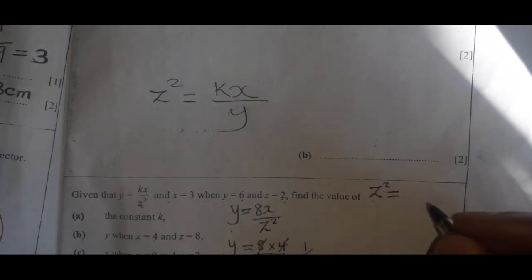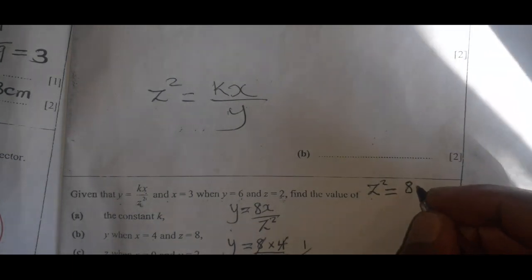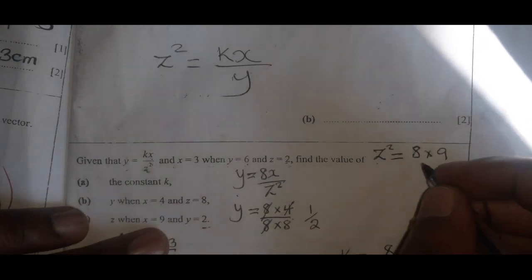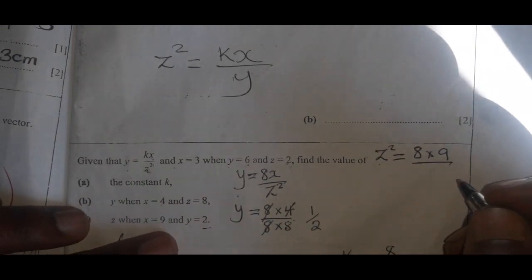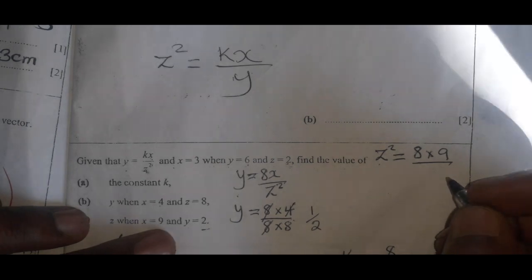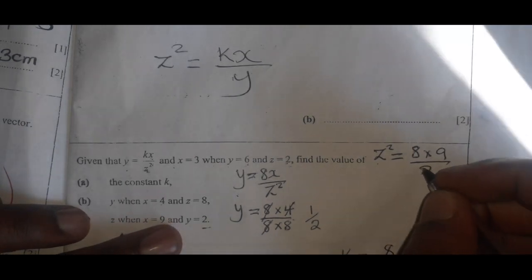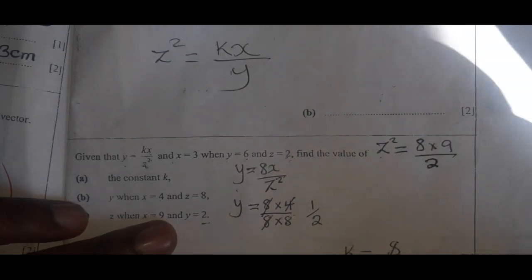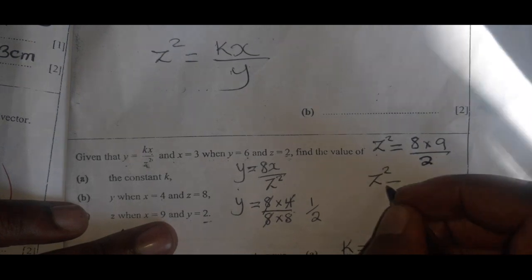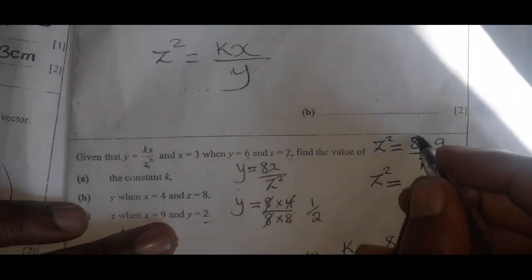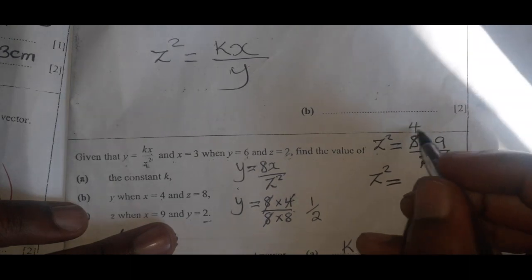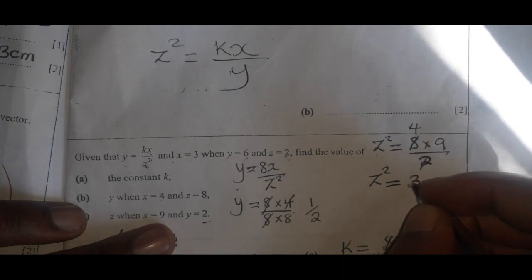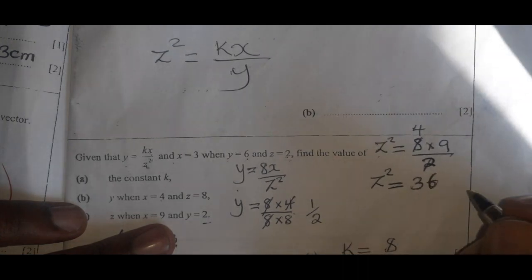So z squared is equal to, what is our k? 8 multiplied by, what is the value of x that we have been given? 9 over y. What is the value of y? It's 2, isn't it? So now z squared is equal to, you divide 2 here, it will be 4. 4 multiplied by 9, what do we get? 36.